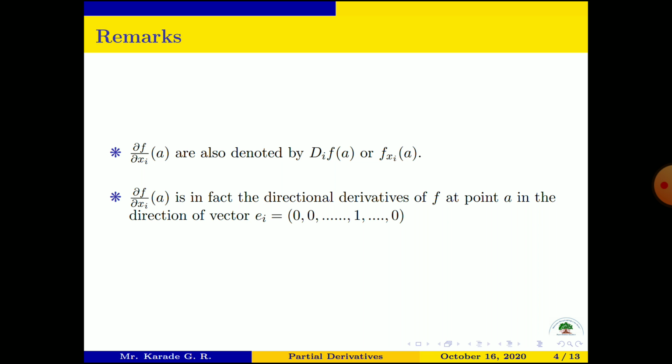This vector ei is the ith unit vector. Okay, so partial derivative and directional derivative are quite one and the same. So here, taking partial derivative of function f with respect to the ith variable is the same as finding the directional derivative of function f in the direction of ith unit vector at point a.